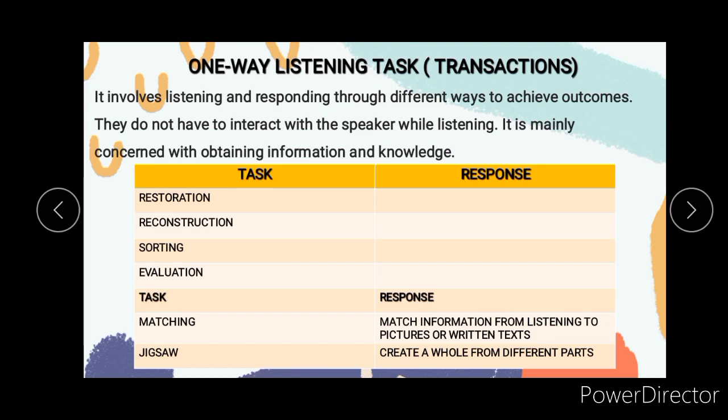But in the task again, we have the matching, where the response is to match information from listening to pictures or written text. And the last one is the jigsaw, where the response is to create a whole from different parts.